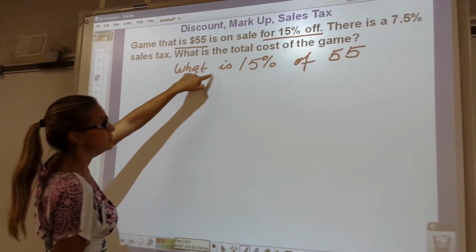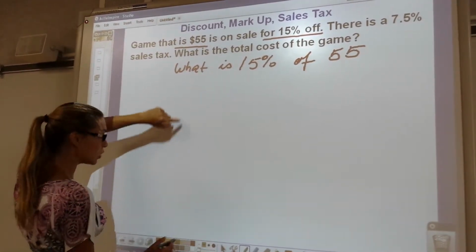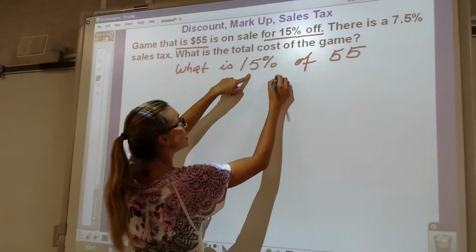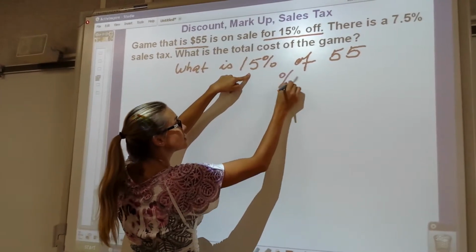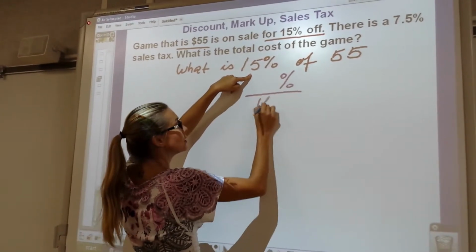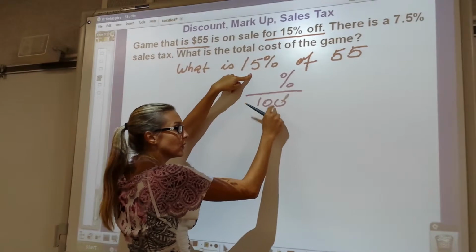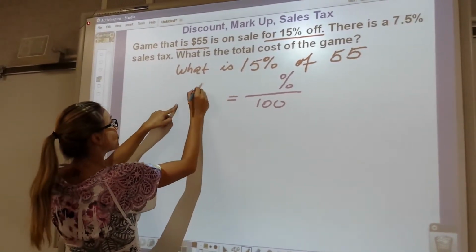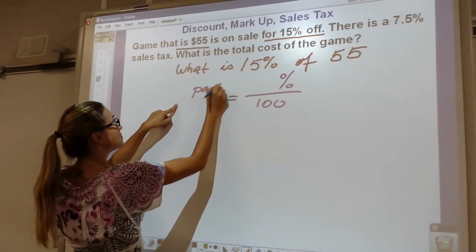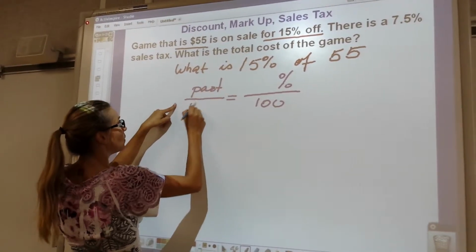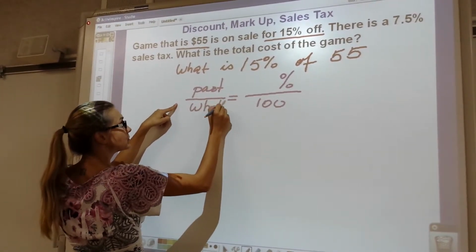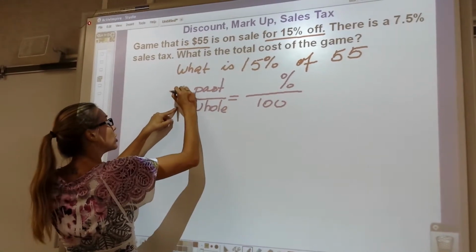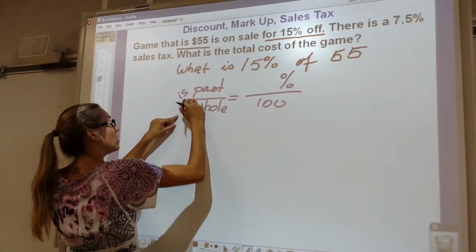What is 15%? I know my percent proportion has the percent symbol right in here. 100 is always going to be on the bottom. Then I have part and whole.